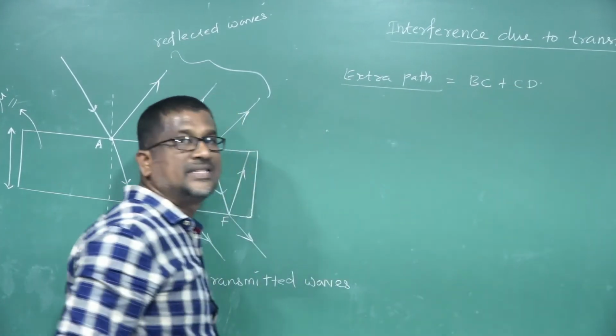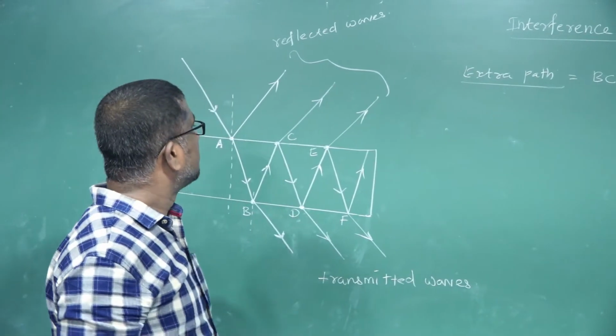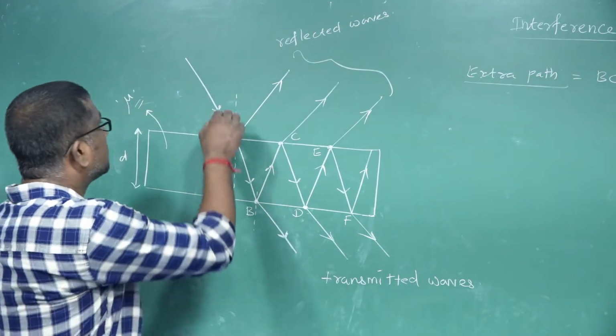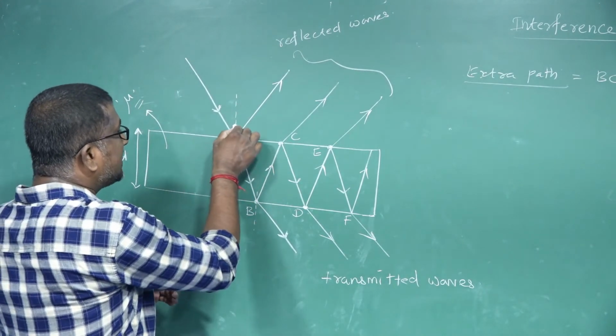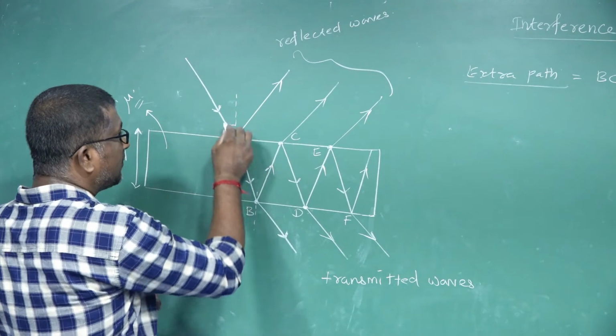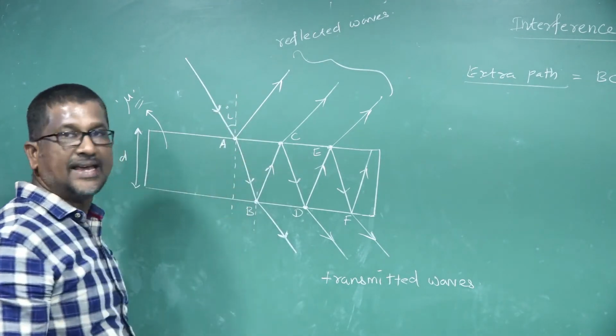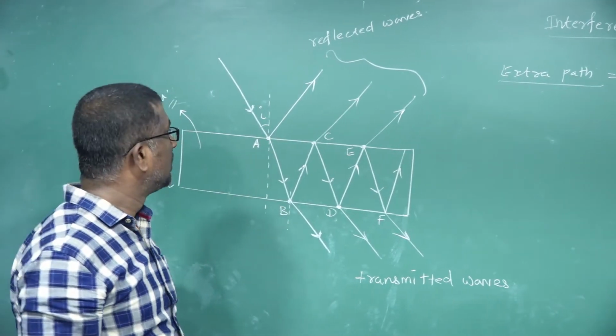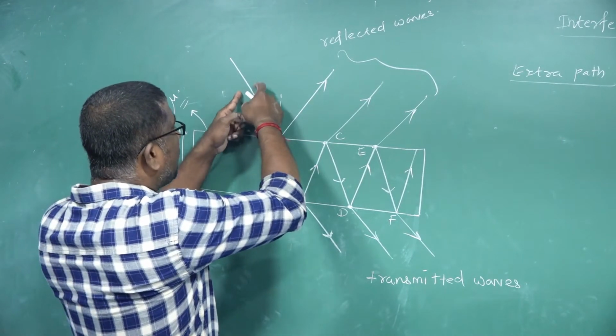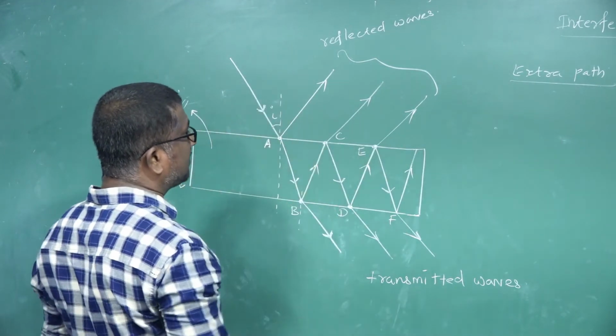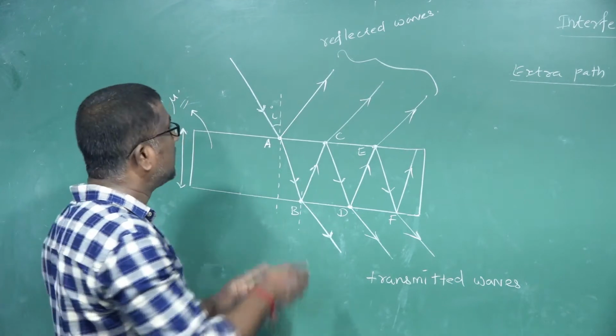Right? Suppose you assume the ray of light is incident on the top surface of the thin film with an angle of incidence i. Suppose this ray of light is incident on the top surface of the thin film normally.